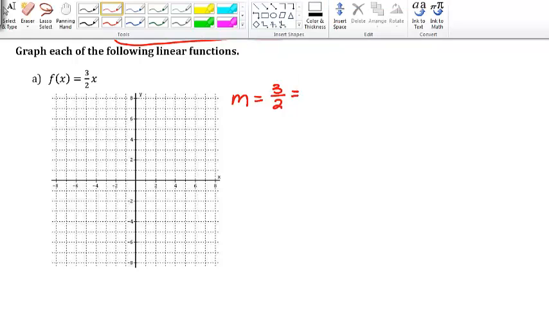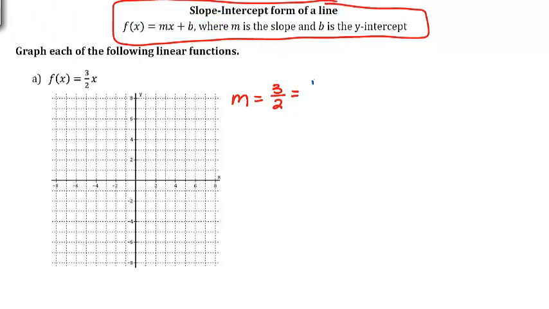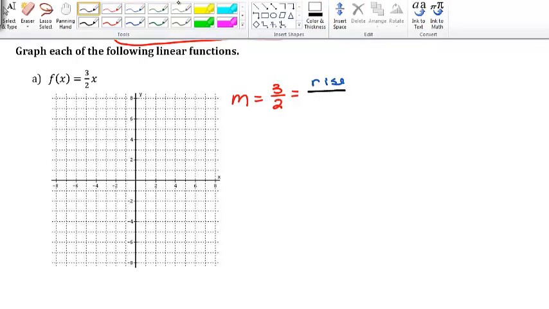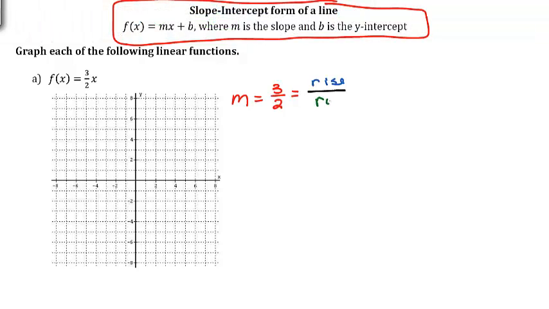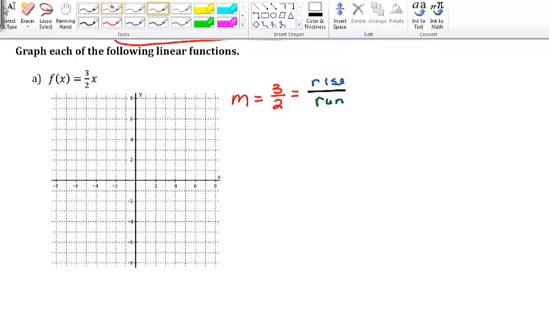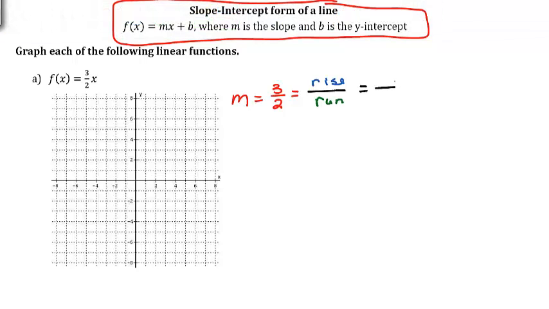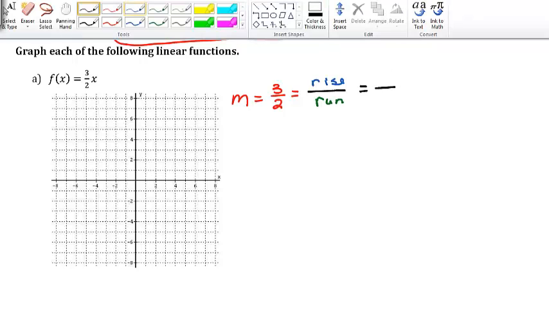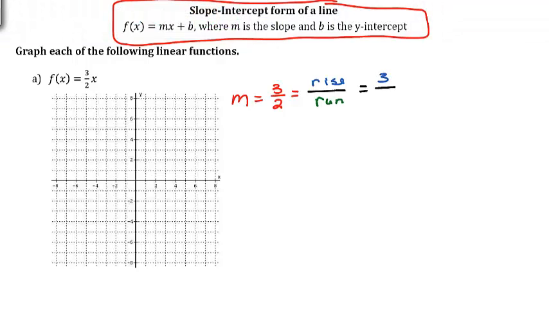And remember, slope can be thought of as rise over run. And so our rise is 3, and our run is 2.